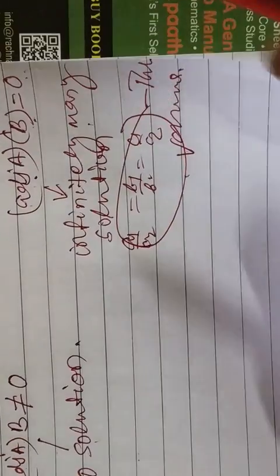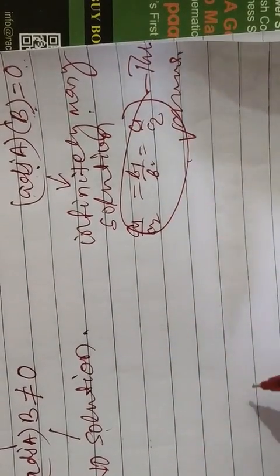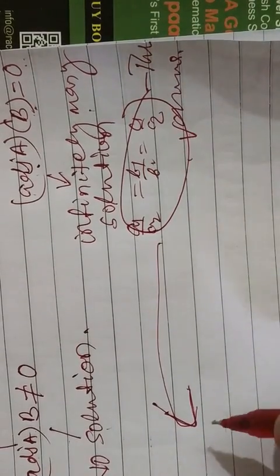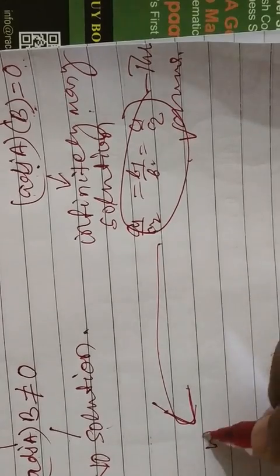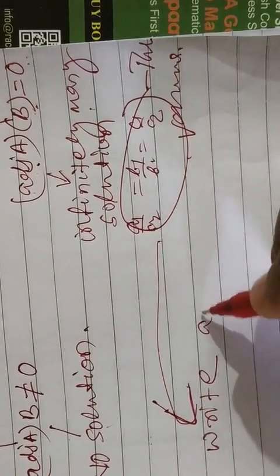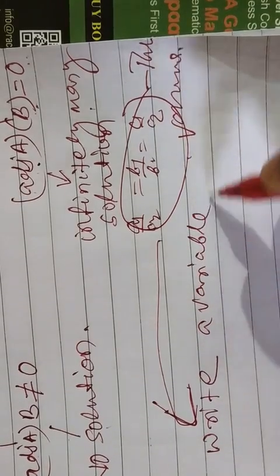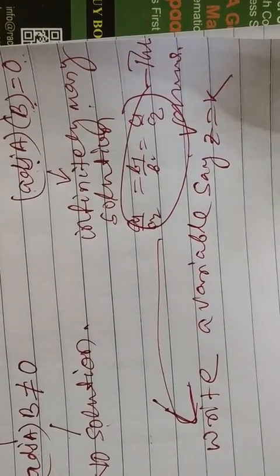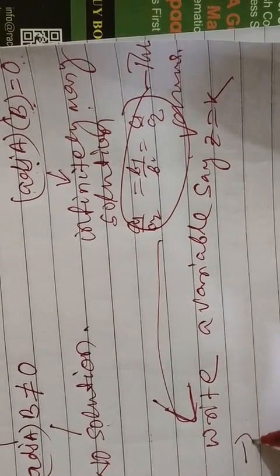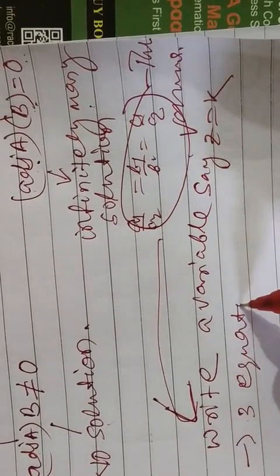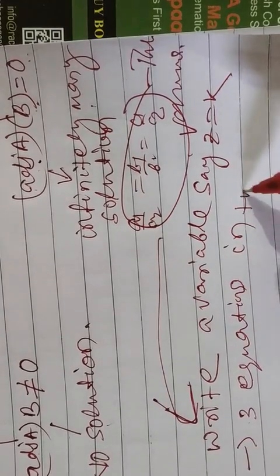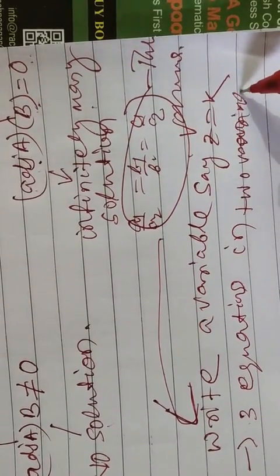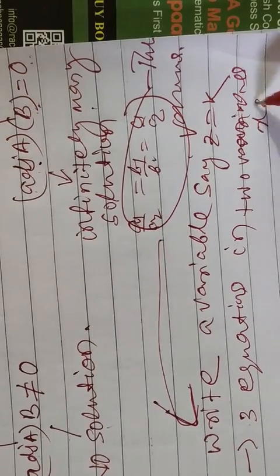If a system has infinitely many solutions, then how shall we get them? This formula will not work. So what shall we do? Write one variable, say z equal to k. Put k in place of one variable. You will get three equations in two variables x and y.